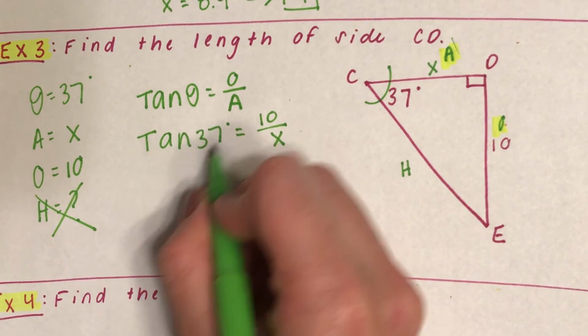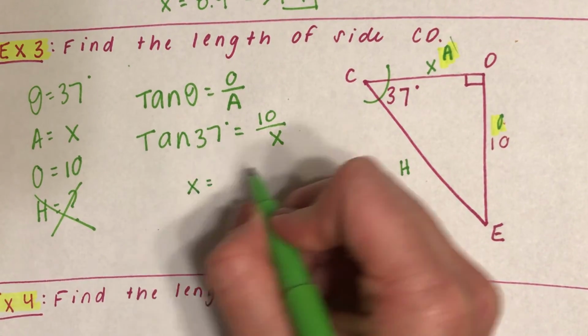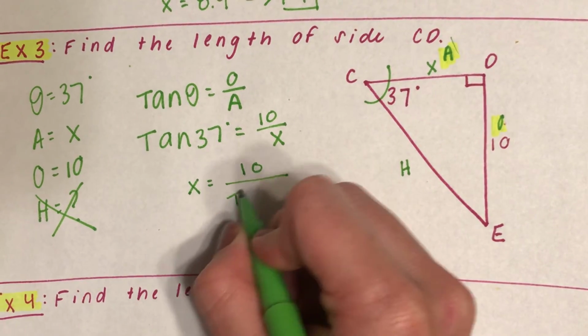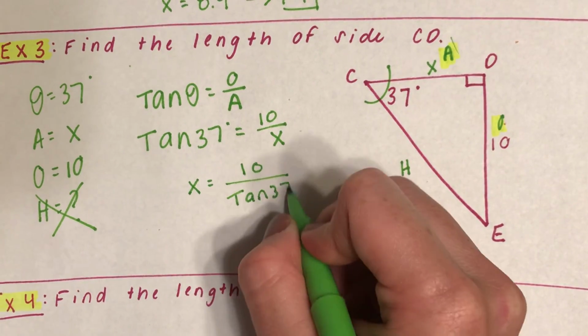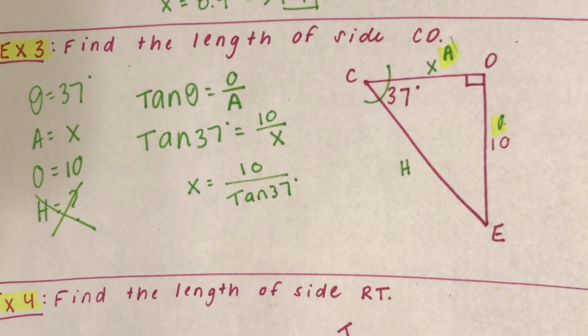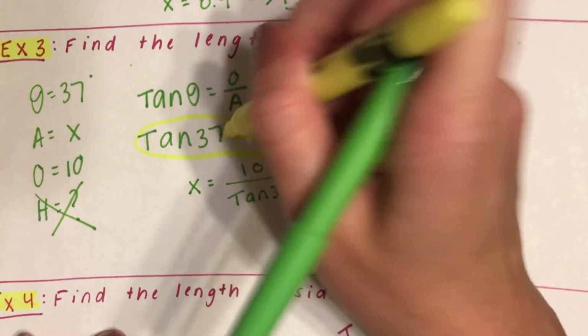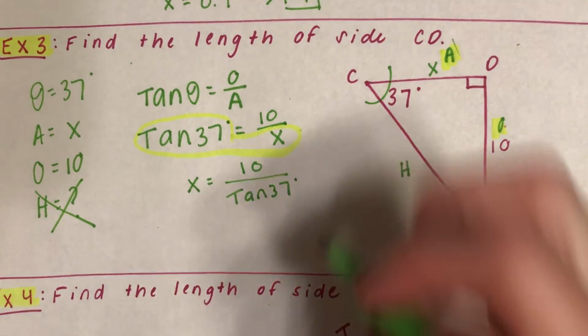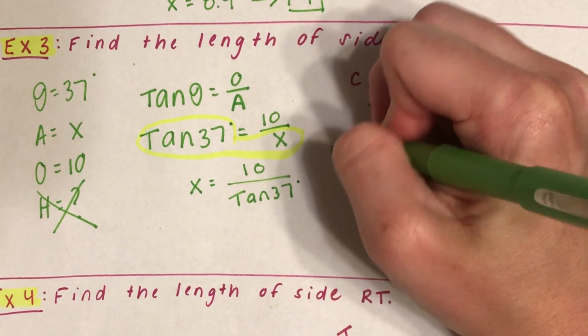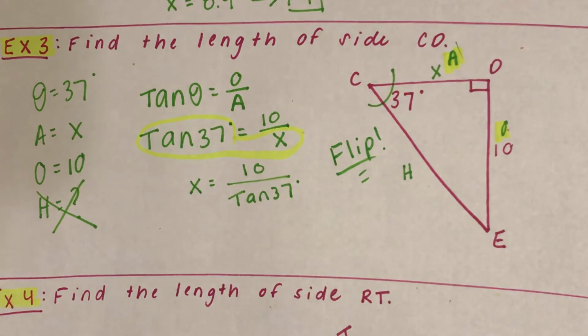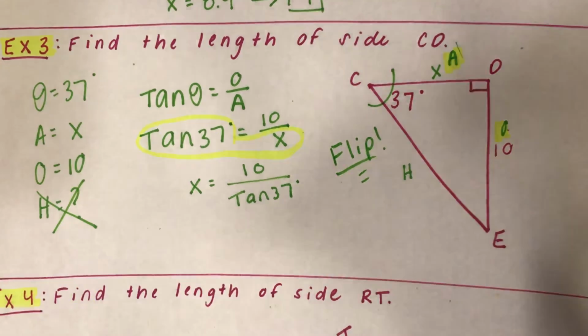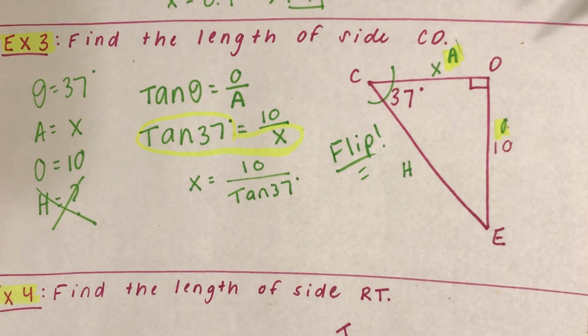So now on this side of the equation, I'll have x equals 10 divided by the tangent of 37 degrees. So again, what I did is I took these two things and I flipped them. Maybe write yourself a note here just so you remember: flip, when the variable you're solving for is in the bottom.